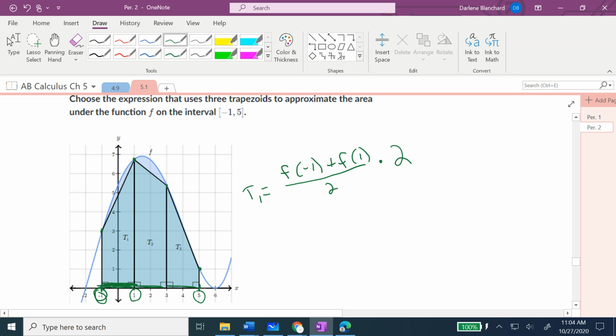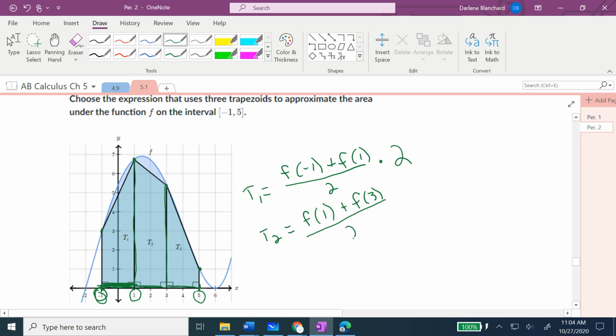Then trapezoid 2 is going to be found when I take the base value when 1 is plugged into the function, as it had been over here, and when 3 is plugged into the function.